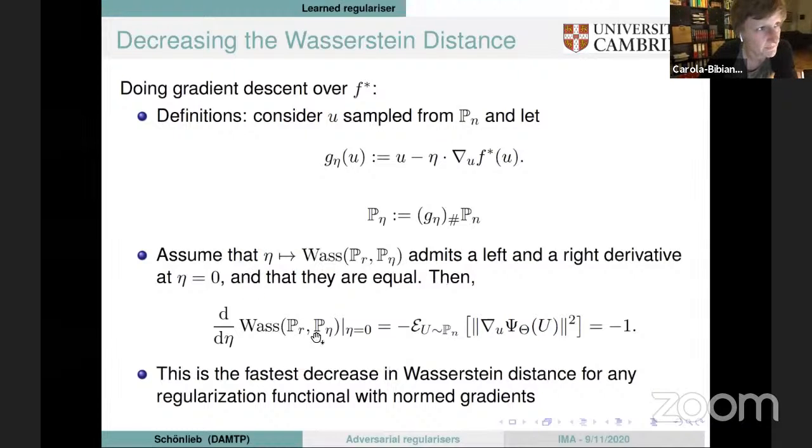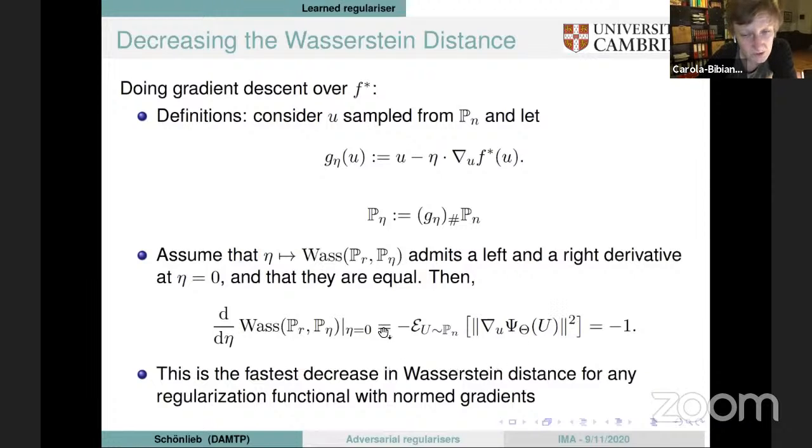And this is indeed something that one can show. One can show that if you do this and you look at the Wasserstein distance between this new distribution P eta and the distribution PR, then you're actually decreasing.